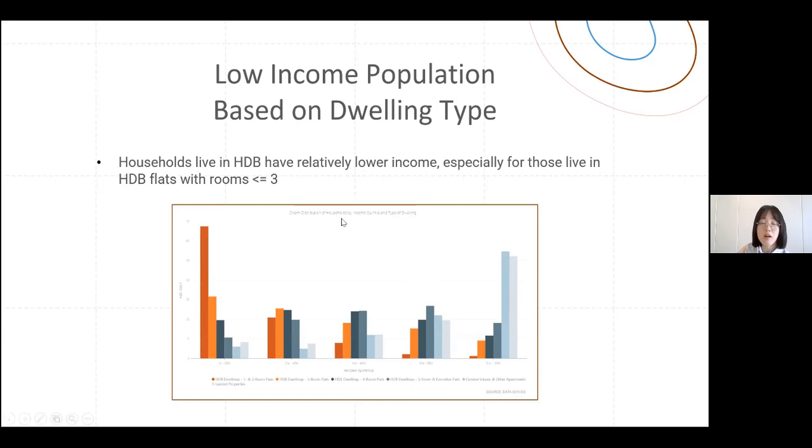If you have other income data for Singapore, then you can use those data to find out planning areas with a high percentage of lower income population.